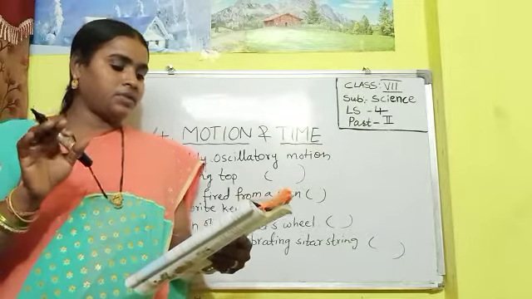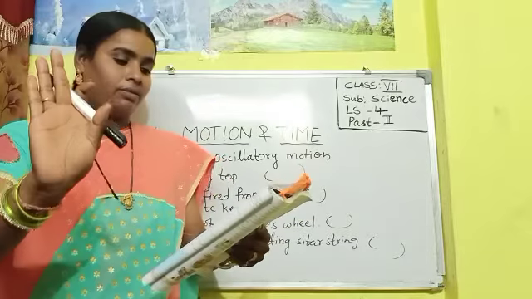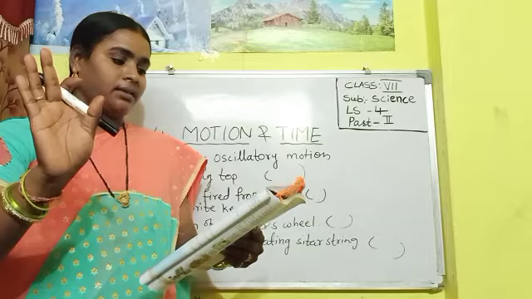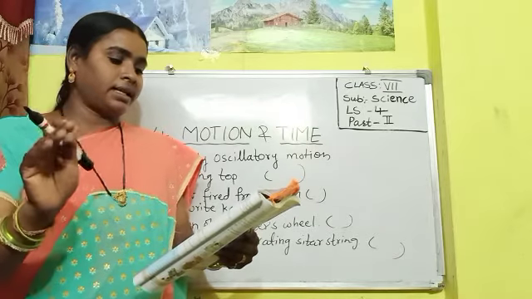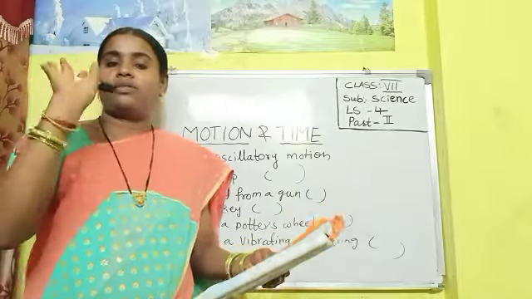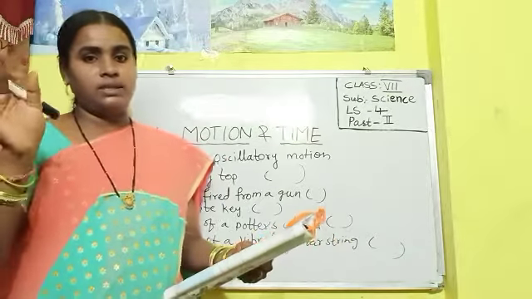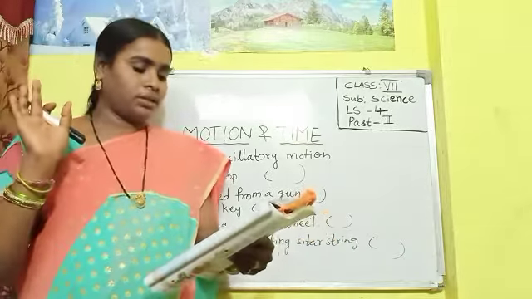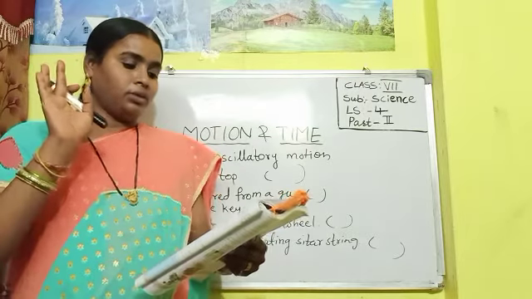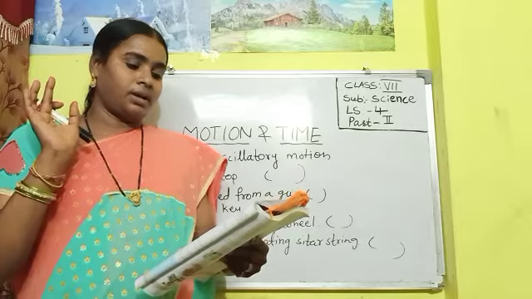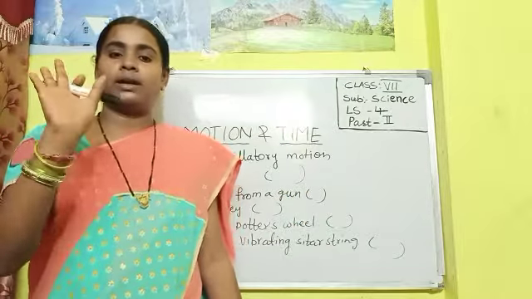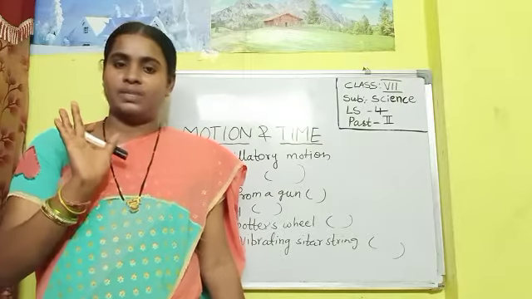The girl on a swing moves backward and forward on either side of the rest position of the swing. So backward and forward the object will be moved. So that is oscillatory motion, and the body is in to and fro motion along the same path.